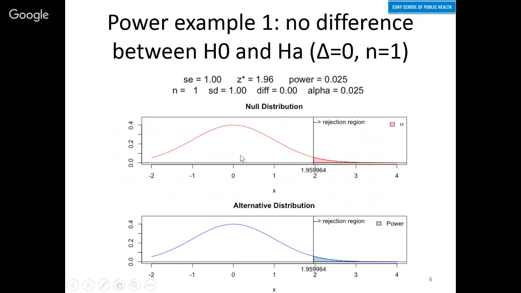It has a mean of 0 and a standard error of 1, and when we do our null hypothesis testing, we're going to assume the null distribution is true. We're going to calculate a z-score for our sample, and if it lies somewhere out in this rejection region or out in this rejection region, we're going to reject the null hypothesis because our p-value is less than 0.05.